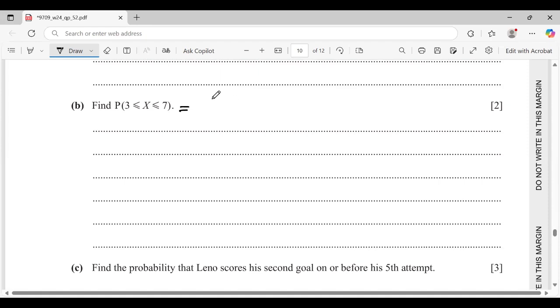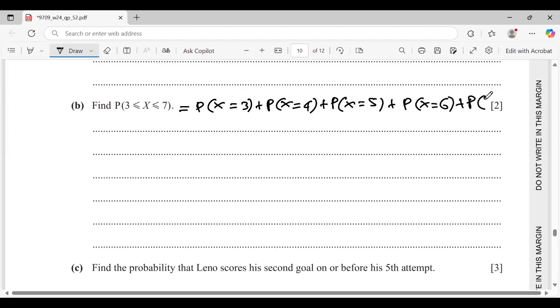This probability equals probability x equals 3 plus probability x equals 4, probability x equals 5, probability x equals 6, and the probability x equals 7, because from 3 to 7.